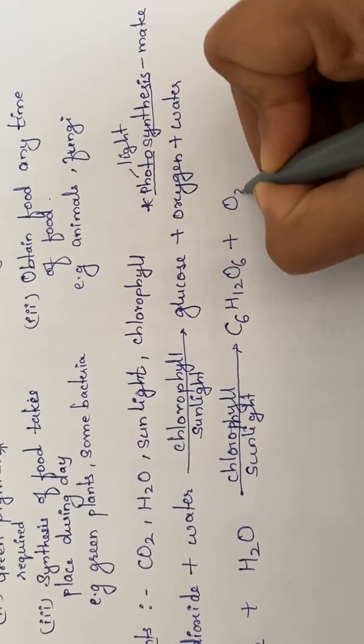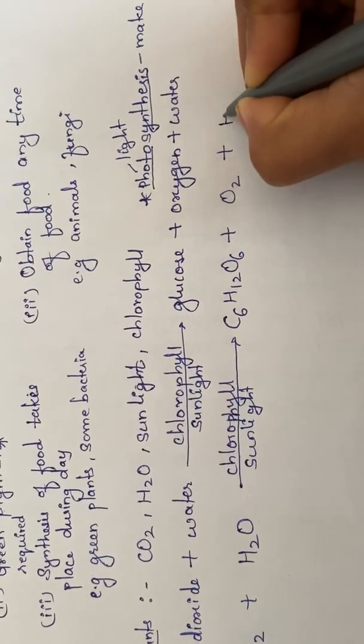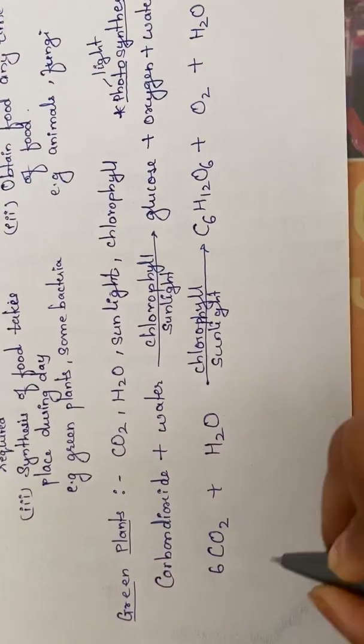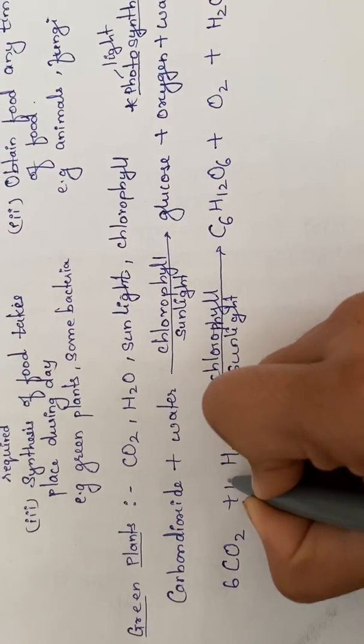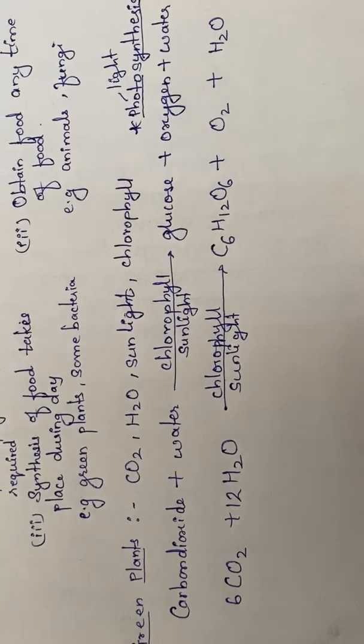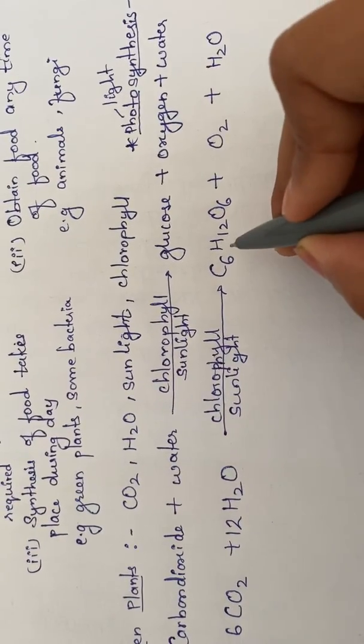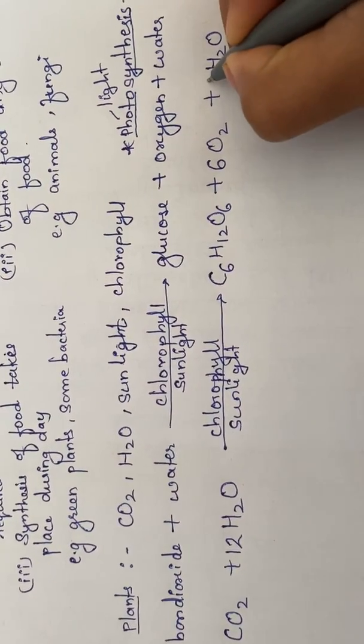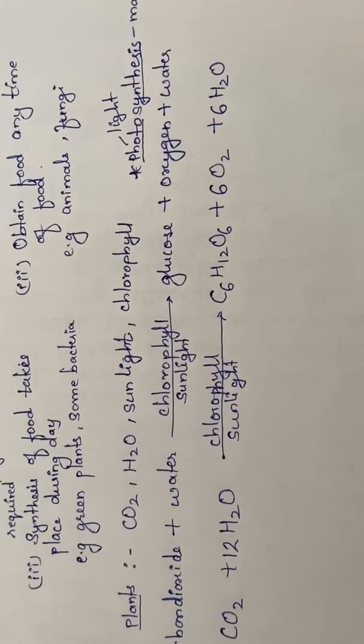Oxygen, you know, is O2 and water is H2O. Now to balance this, 6 molecules of carbon dioxide and 12 molecules of water react to form glucose, 6 molecules of oxygen and 6 molecules of water.